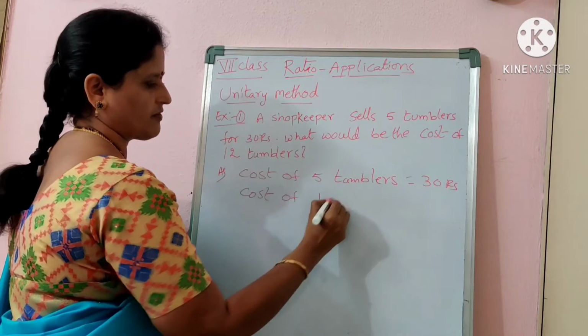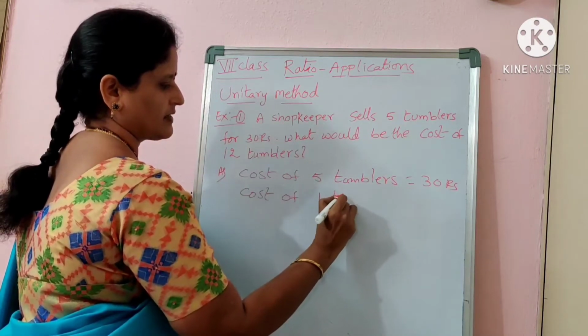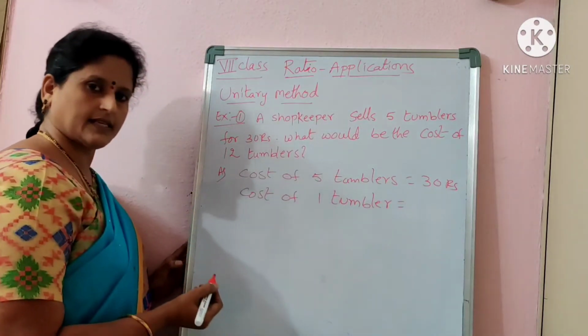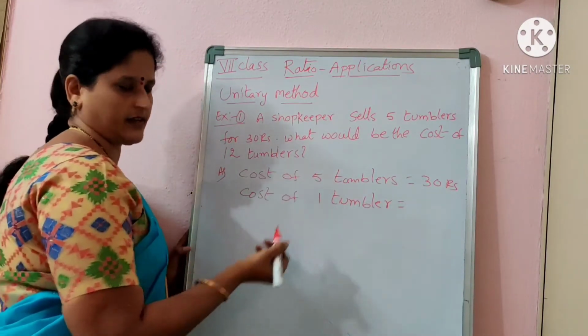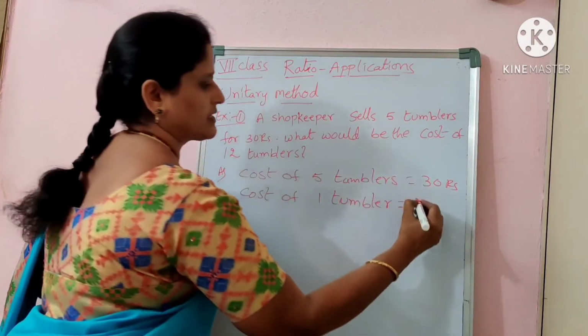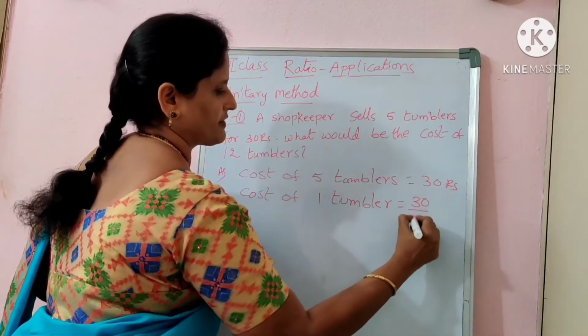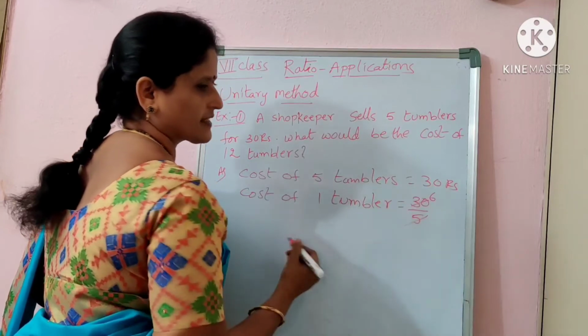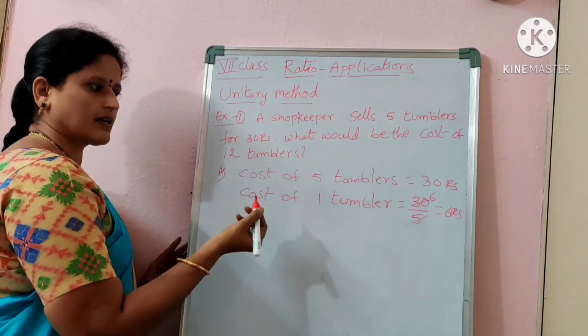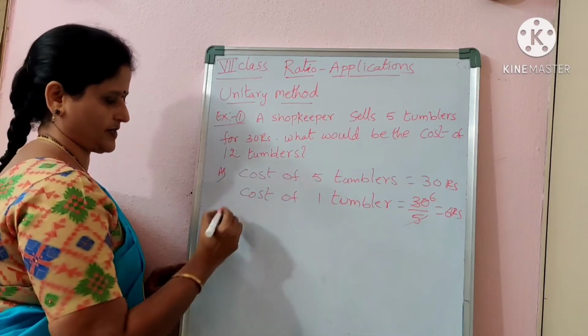Cost of 1 tumbler means 30 by 5, cost of rupees by number of units. 5 sixes are 30, so the cost of each tumbler is 6 rupees.